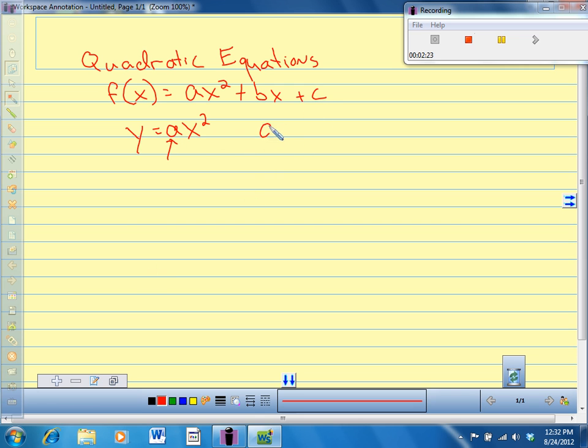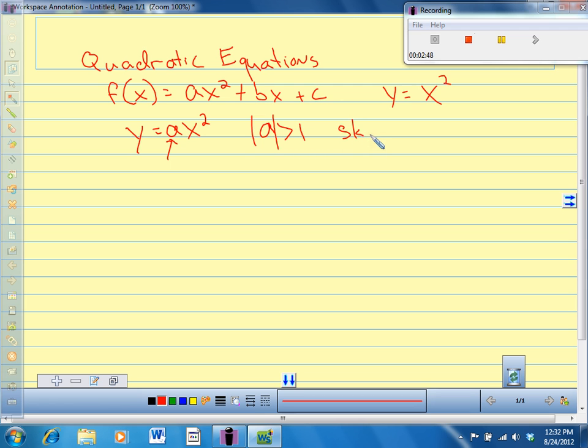So we know that if the absolute value of a is bigger than 1, and this is compared to y equals x squared, that means it gets skinny.